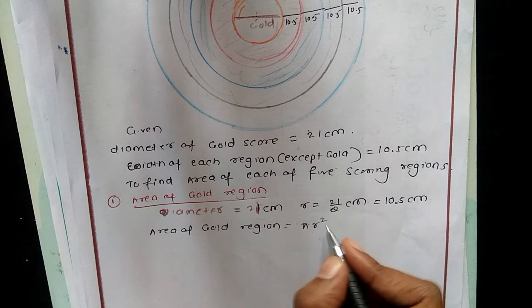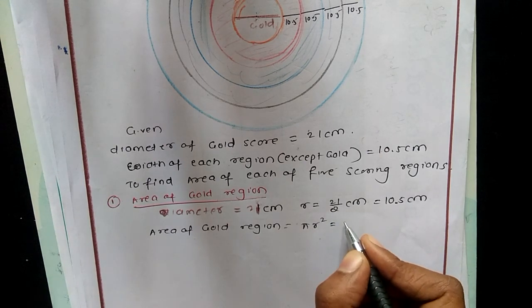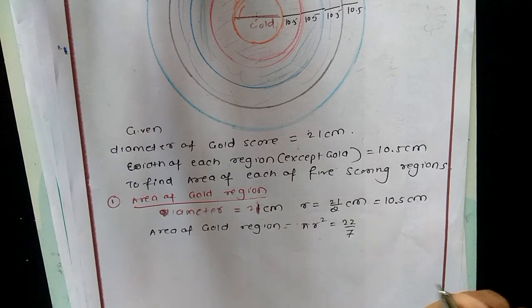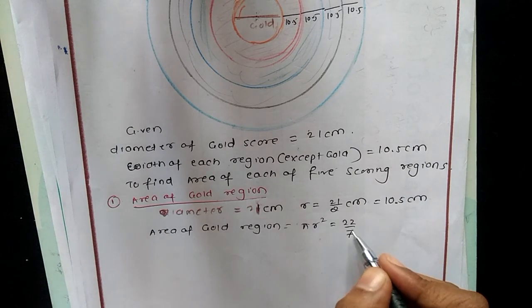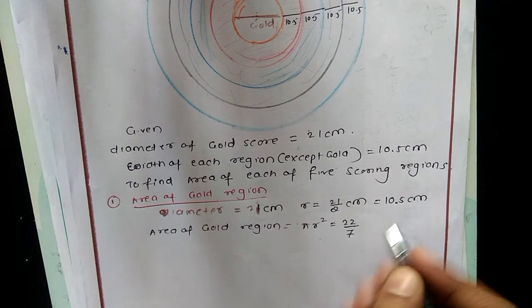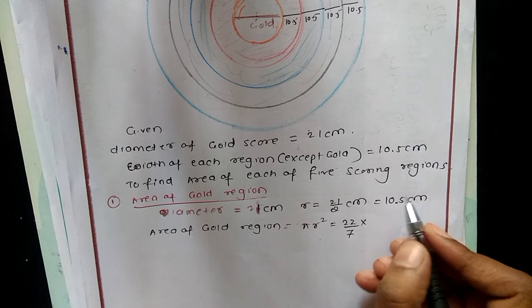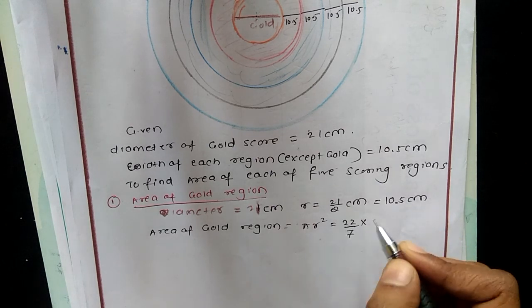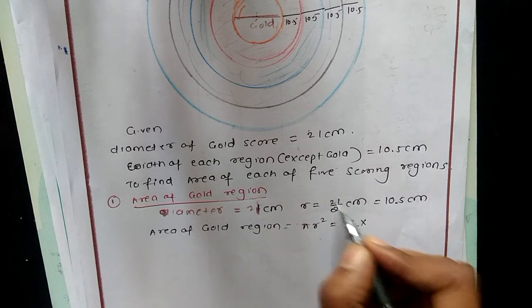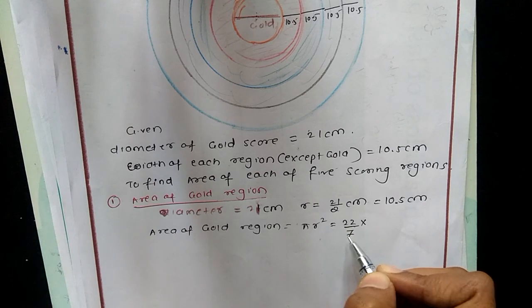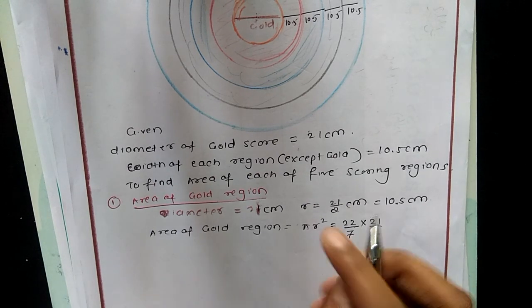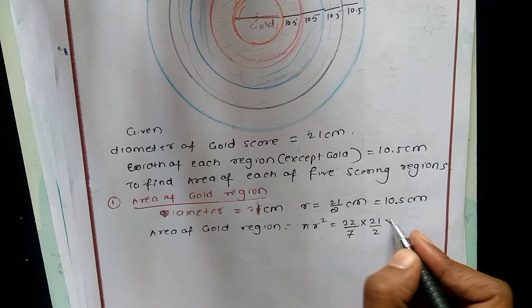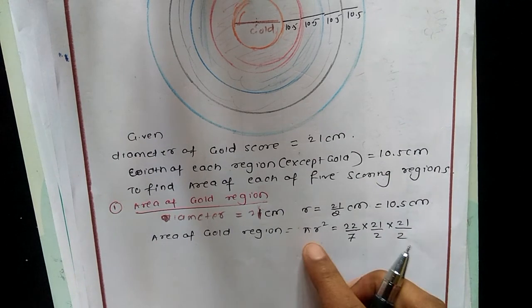Pi is 22 by 7, or you can take 3.14, but I'll always take 22 by 7, into r, so 21 by 2. Why? Because 21 and 7 will get divided. 21 by 2 square means you have to multiply it twice. So this is r square.